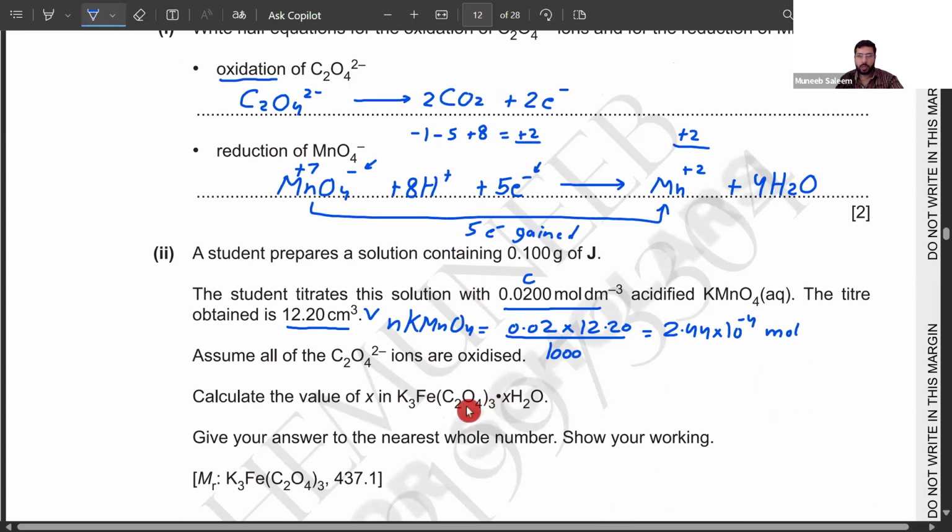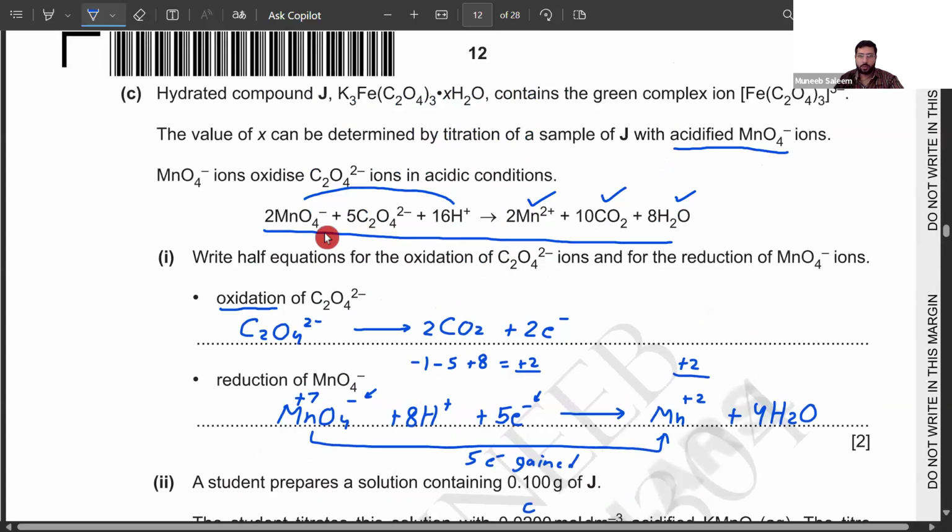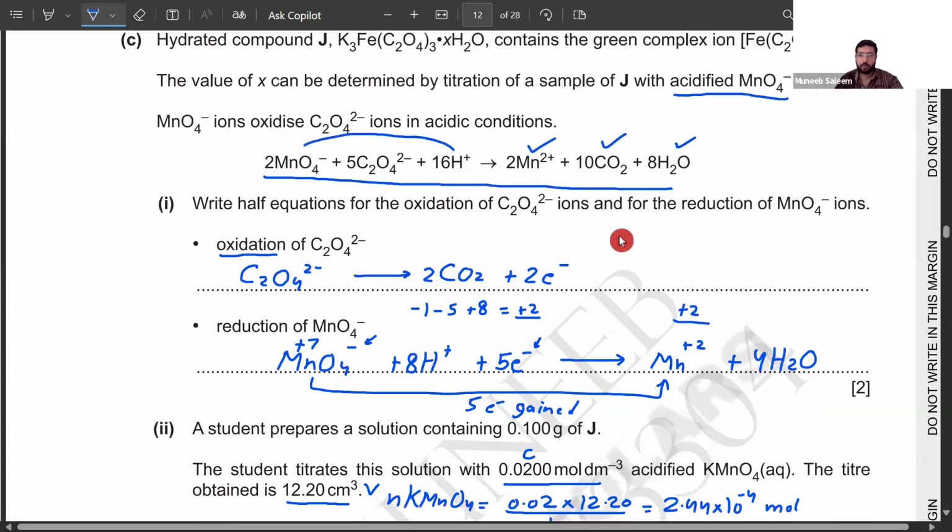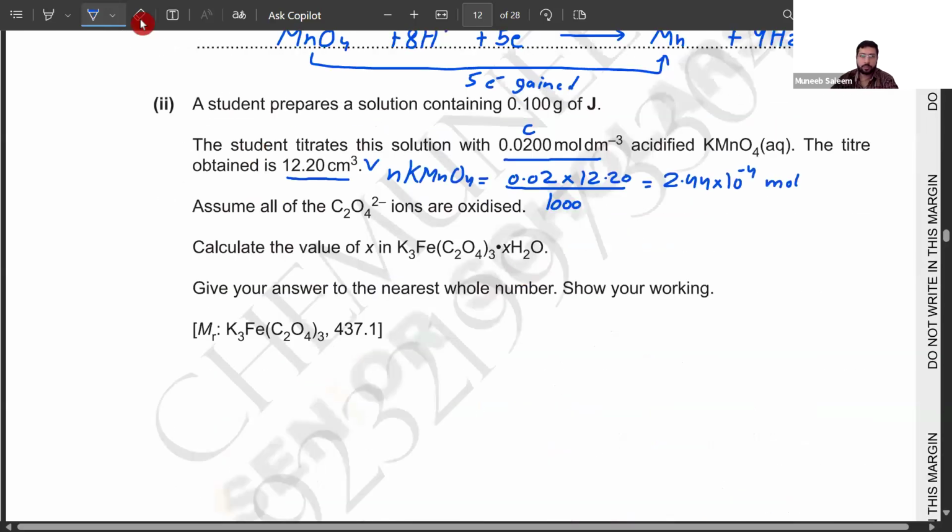So the moles of ethanedioate ions can be calculated if we use this stoichiometric equation, in which we have 2 moles of potassium manganate and 5 moles of ethanedioate ions. So I'm going to take the ratio between MnO4 minus and C2O4 2-.